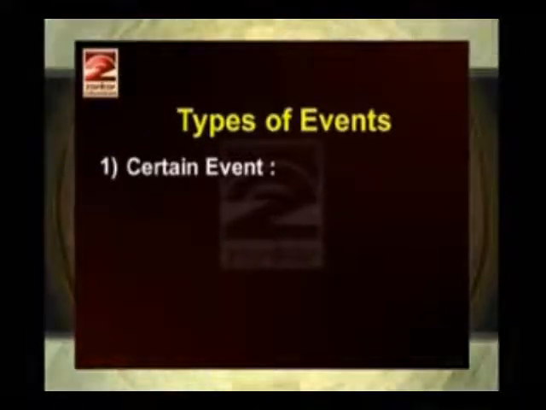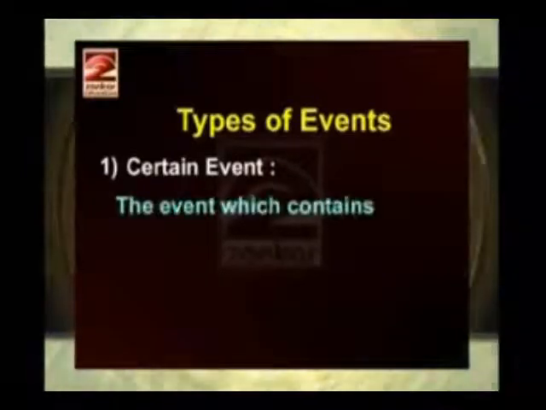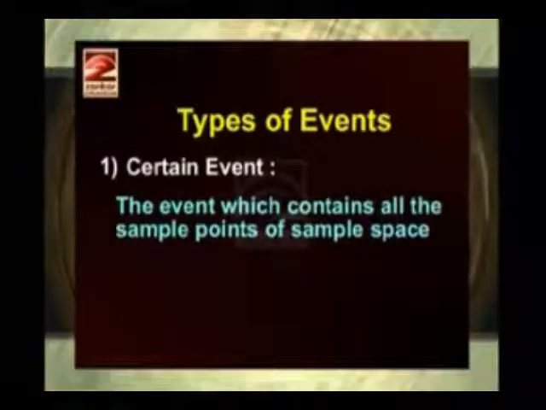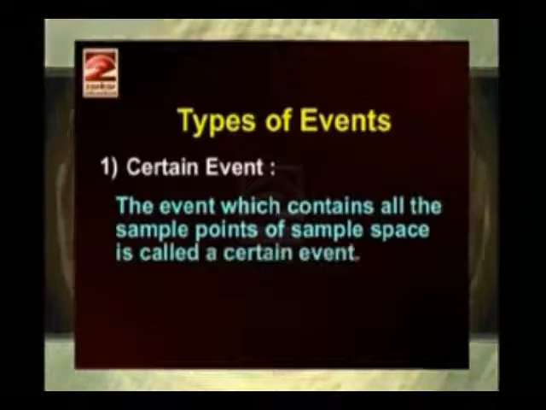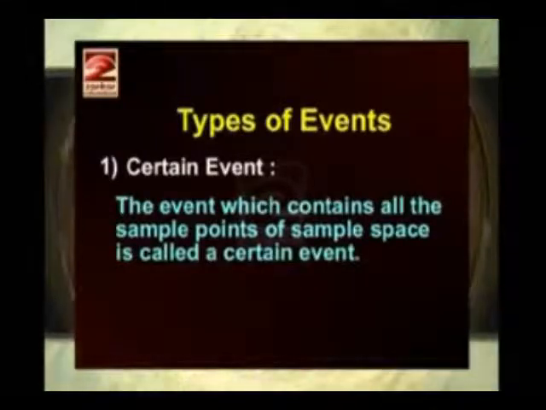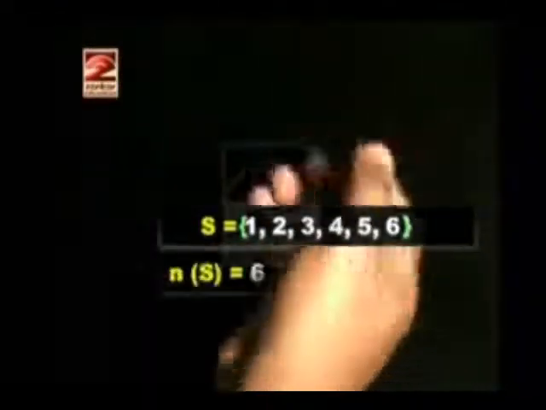Now we'll see the types of events. First one, certain event. The event which contains all the sample points of the sample space is called a certain event. For example, when a die is thrown, it is a random experiment. Therefore, S = {1, 2, 3, 4, 5, 6}. That means n(S) = 6.